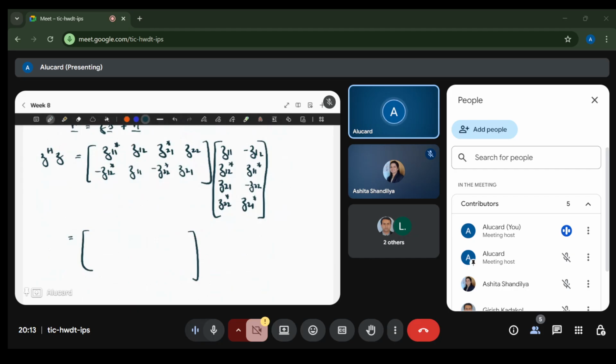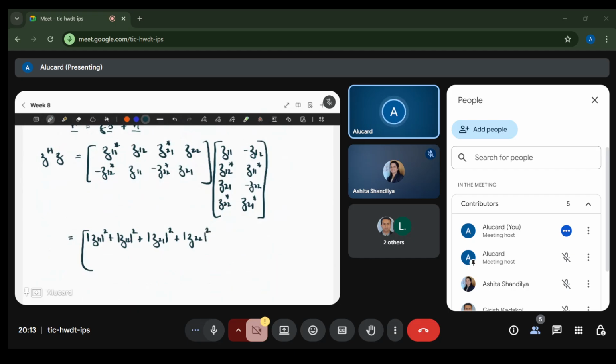The first row times the first column will be Z11 conjugate Z11, which is mod Z11 whole square, plus Z12 times Z12 conjugate, which is mod Z12 whole square. Similarly, other terms are also mod Z21 whole square plus mod Z22 whole square.